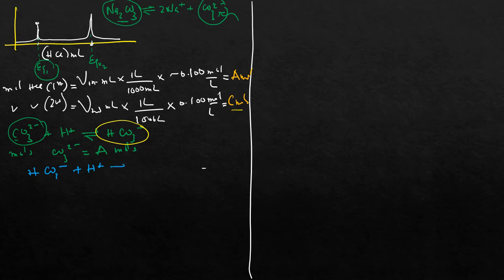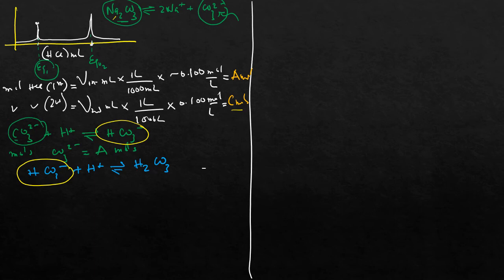Carbonic acid. As I said earlier, the source of carbonic acid in this titration is two. The first coming from the original sodium carbonate, and the second coming from the actual bicarbonate in the mixture.